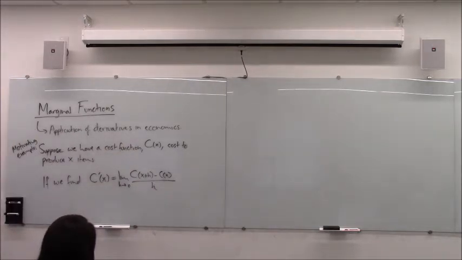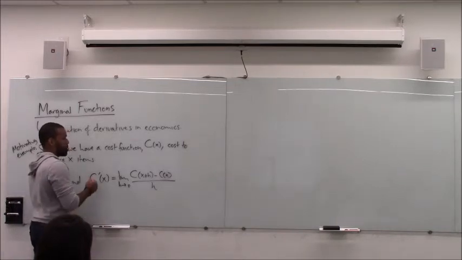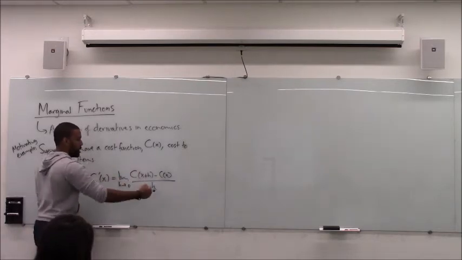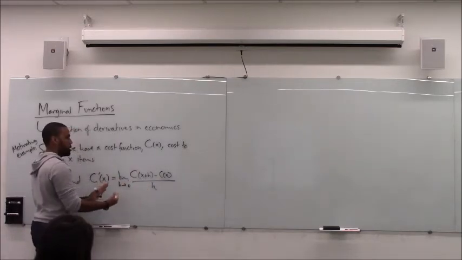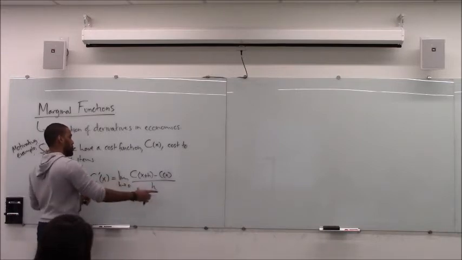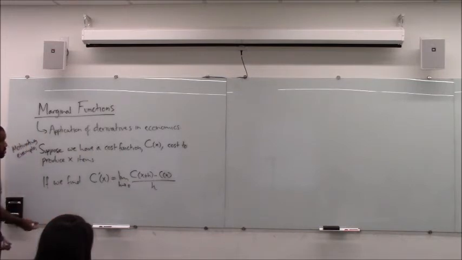Now, here's what we're going to do. Remember how the derivative was actually working? It was when we took the slope of the secant line, and then we slowly closed the distance. And the smaller the distance got, the more the slope of the secant line would converge to the slope of the tangent line. That's how we actually found the slope of the tangent line.